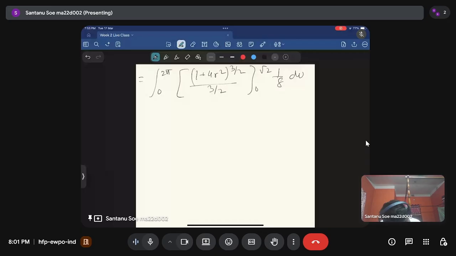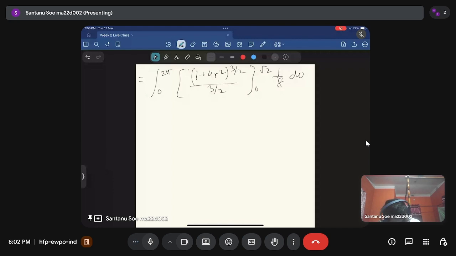So 3 times the integral from 0 to pi, and then (9 minus r square) to the power 1 by 2, divided by 1 by 2, with a minus 2, from 0 to 3 sine theta.